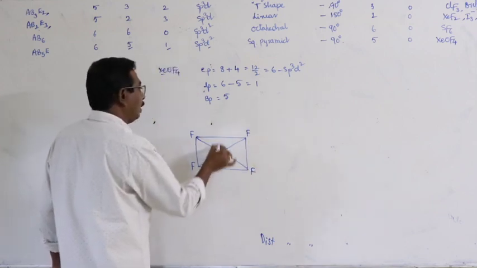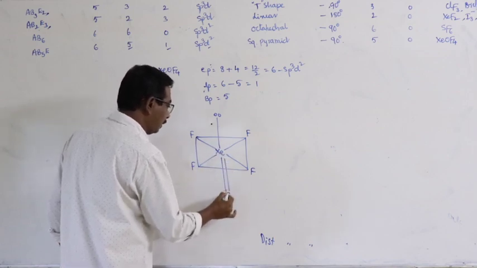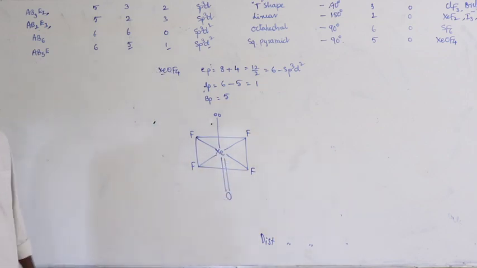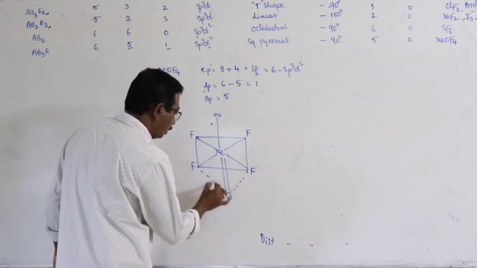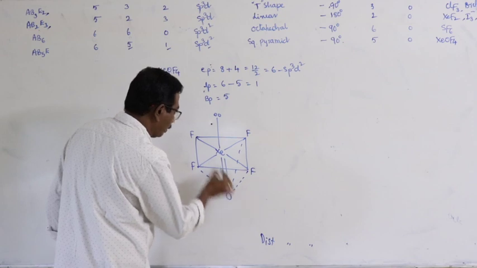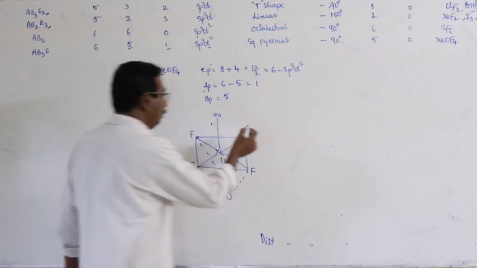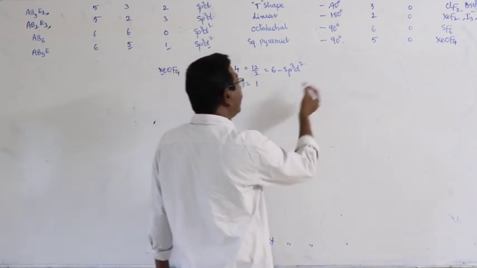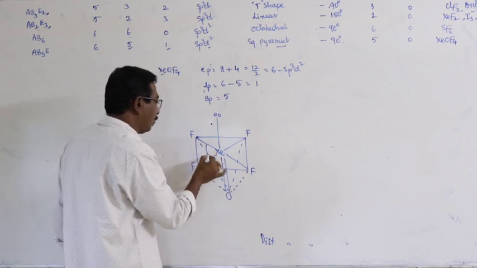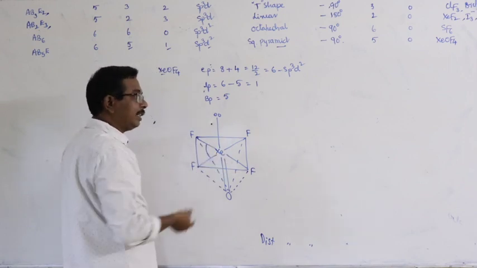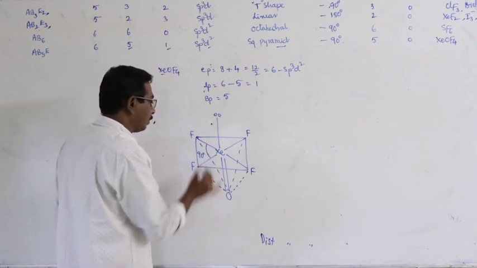XeOF4: here this is the lone pair and this is oxygen. What about the shape? Here the shape of the molecule is square pyramid. The bond angle between the equatorial fluorine atoms is 360 by 4, 90 degrees.